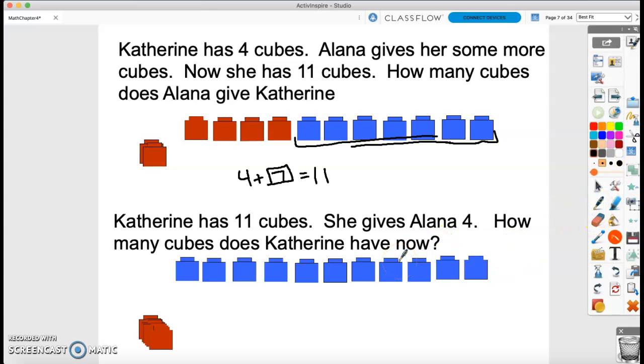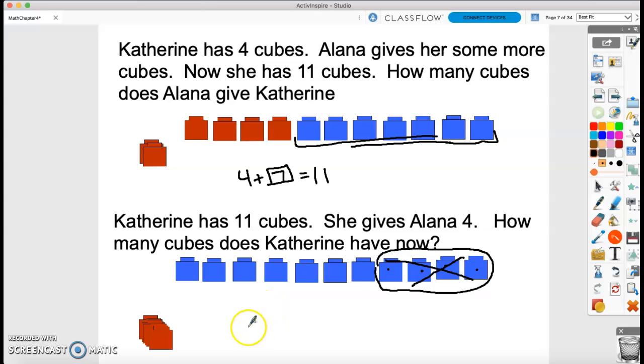So 4 of these she's going to give to Alana. So 1, 2, 3, 4. So I'm going to circle those and cross them off because she gave them away.